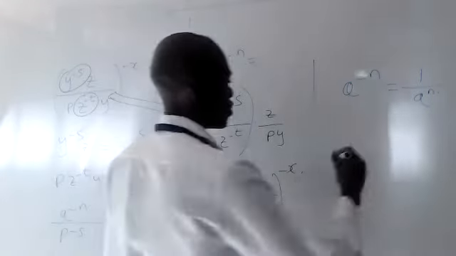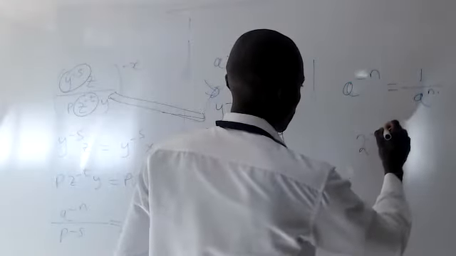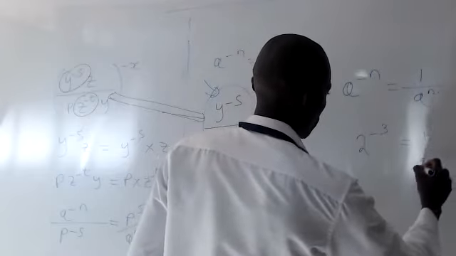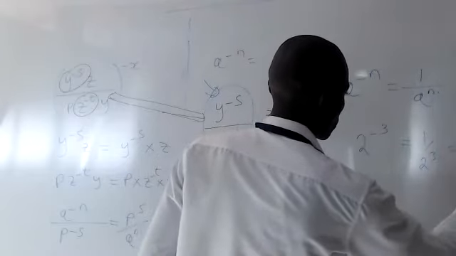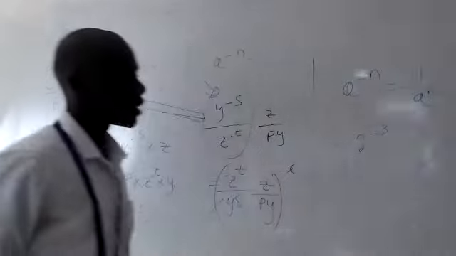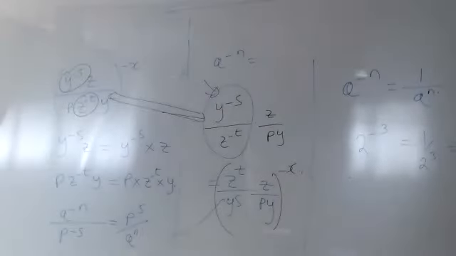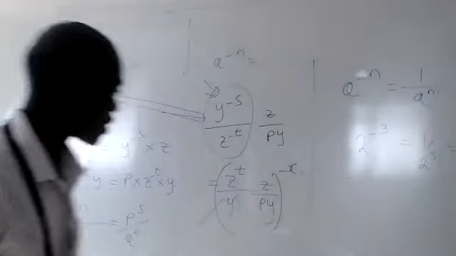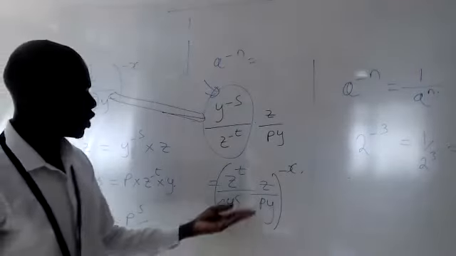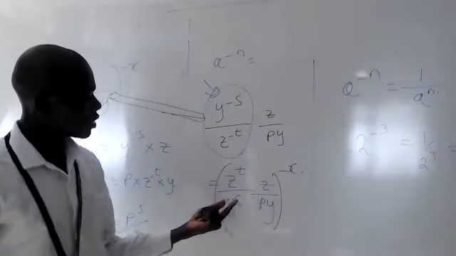So for example, you can even confirm this, that 2 to the minus 3 is the same as 1 divided by 2 cubed, which is 1 over 8. You can find this in your calculator and get this answer.